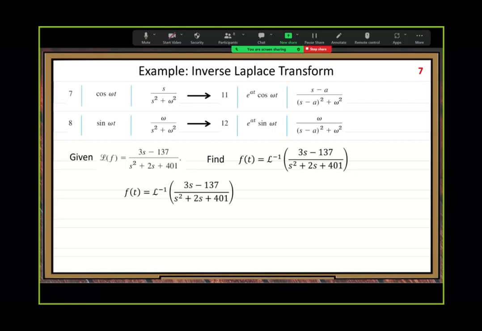First, we need to decompose. The denominator, s plus 1 squared plus something, corresponds to that shift, little a. The numerator, we try to use the same shift. So here you know that little a is -1.